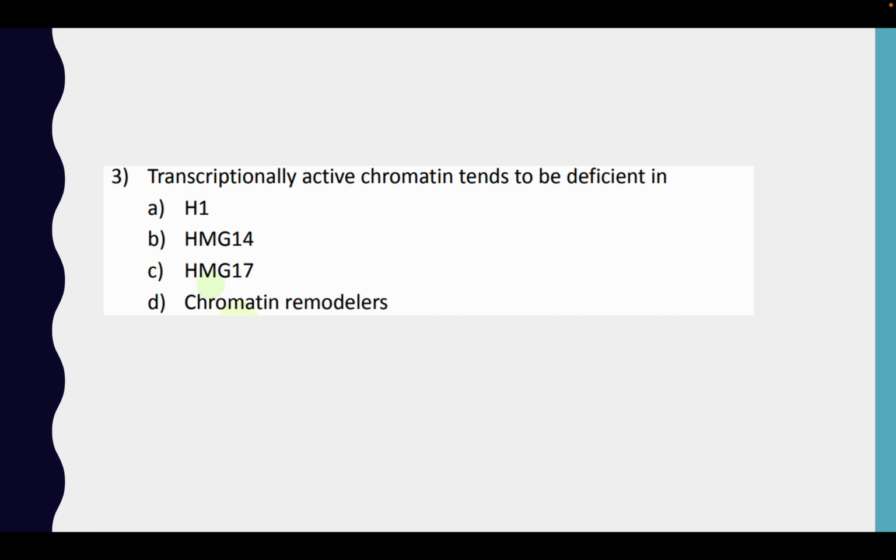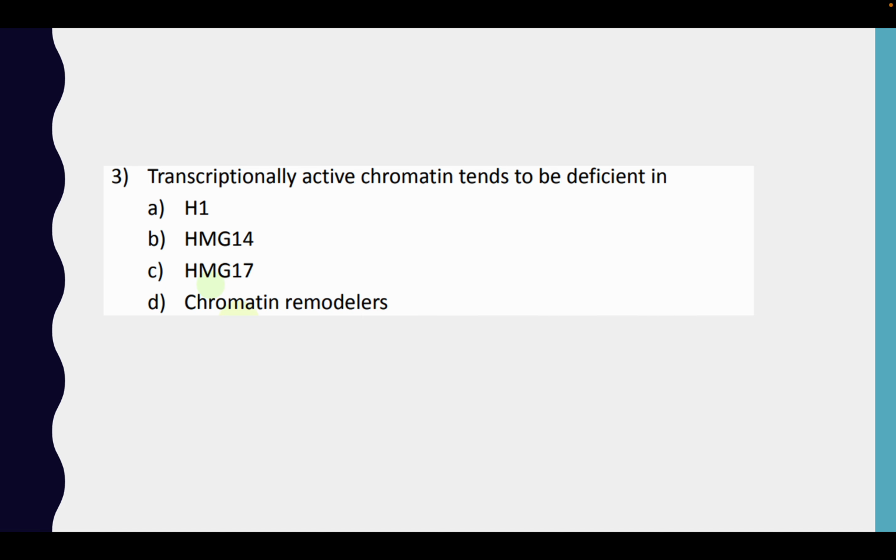Option D. Option D, chromatin remodelers. Okay. What is H1? Linker DNA. Yes. So euchromatin will definitely have that histone H1, linker DNA, right? And we already discussed HMG 14 and 17.